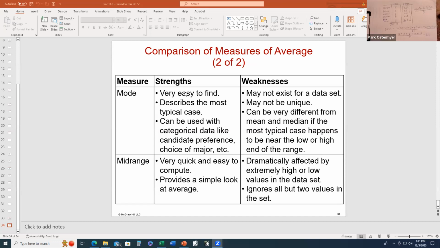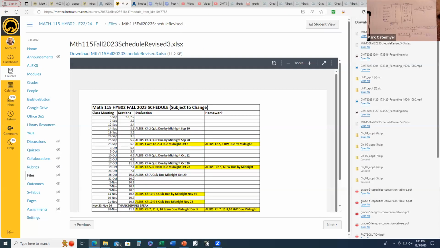Okay. So there are the pros and cons. Any questions about any of this here? Let's see if we can go to our textbook and do a couple problems.